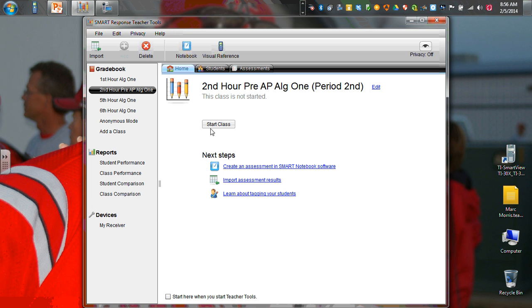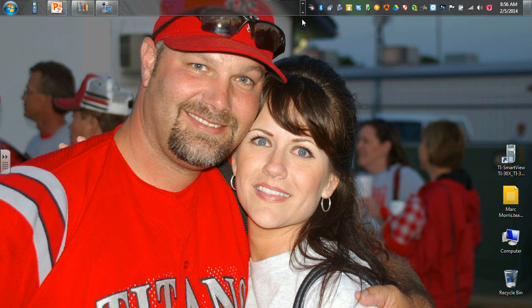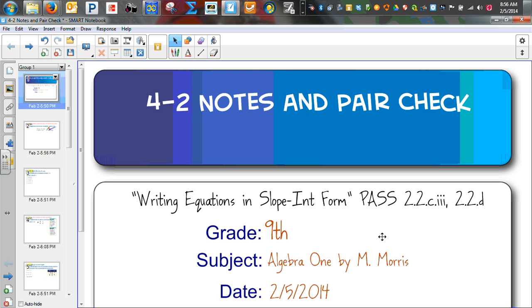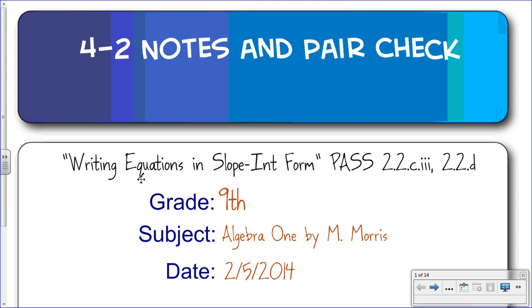Okay, heading for today's notes: 4-2, writing equations in slope-intercept form. Today's date is 2/5/2014.